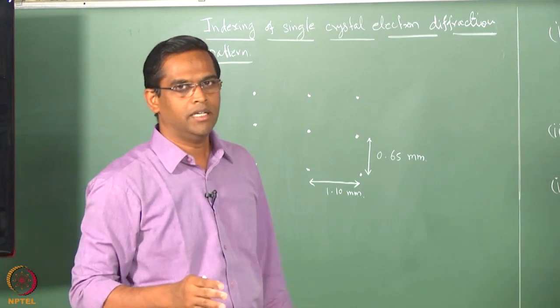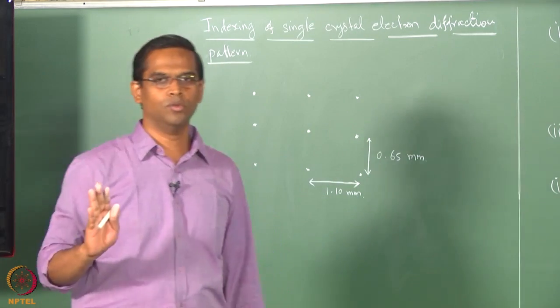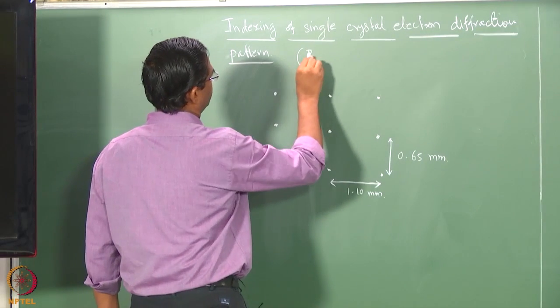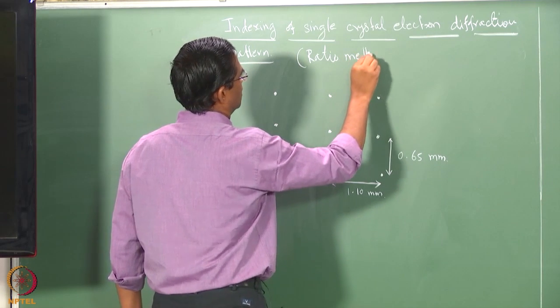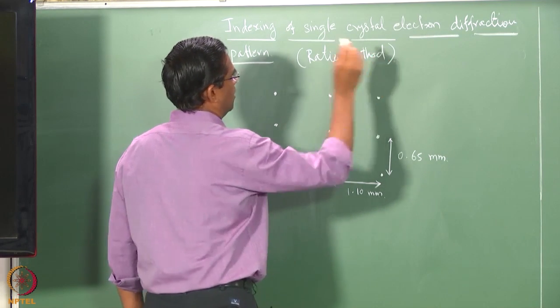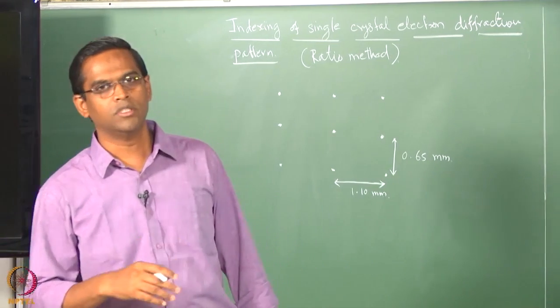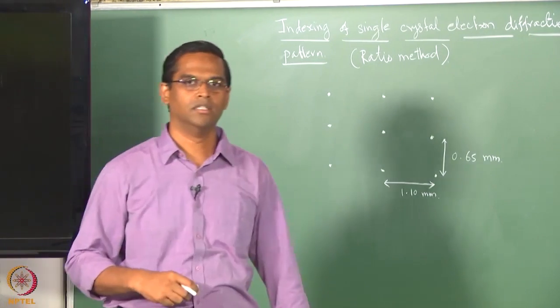What you should understand here is there are 2-3 methods possible. What I am going to demonstrate today is the ratio method. This is especially used when the symmetry of the pattern is not known.